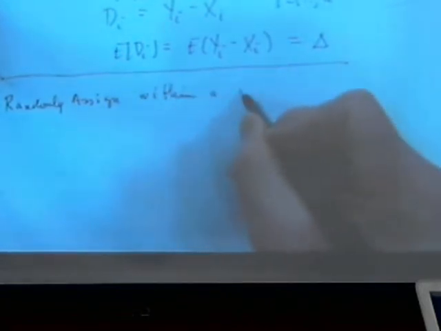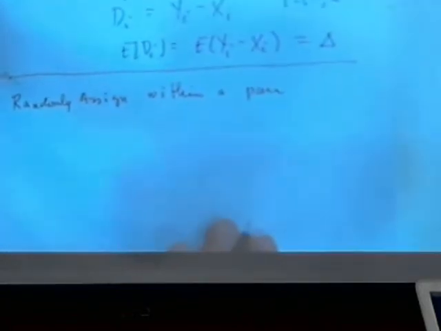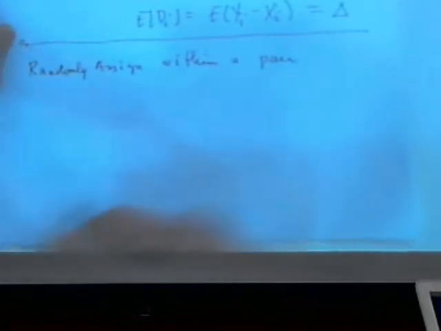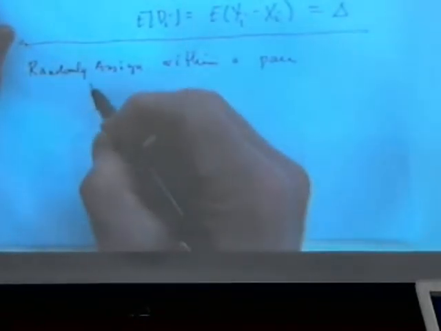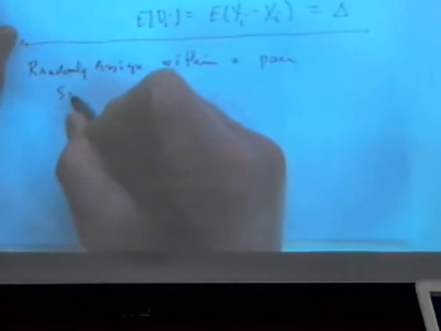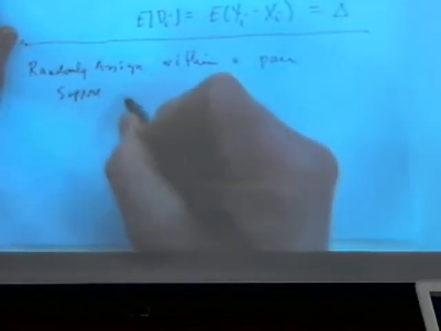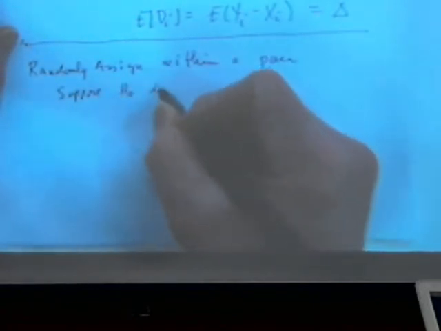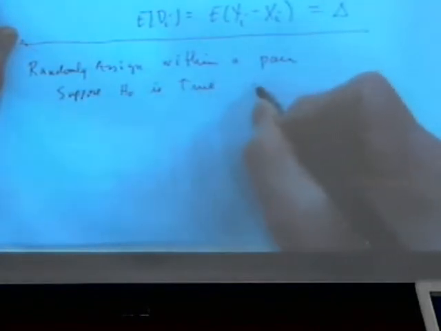So remember, it's randomly assigned within a pair. So suppose H naught is true. There's no effect.